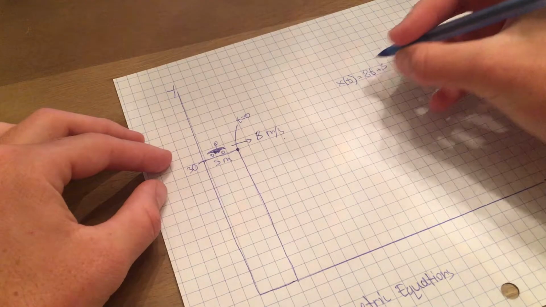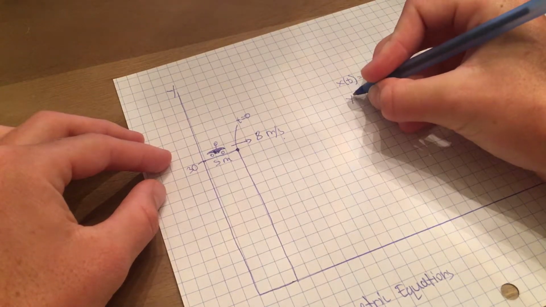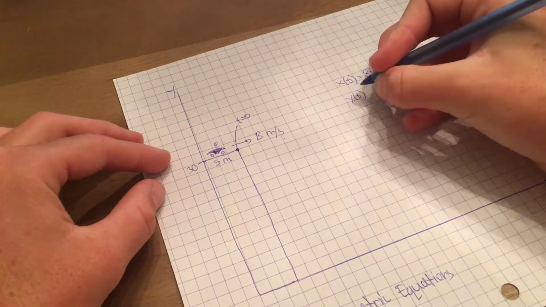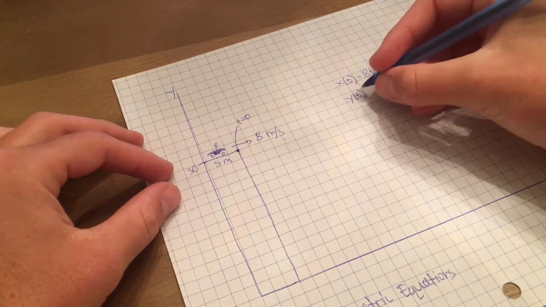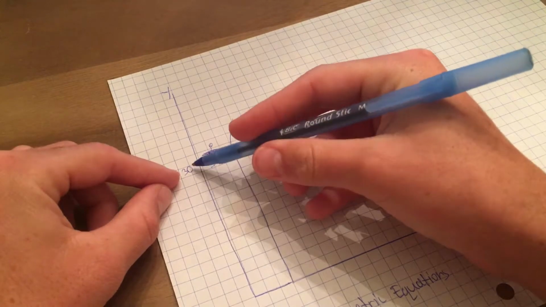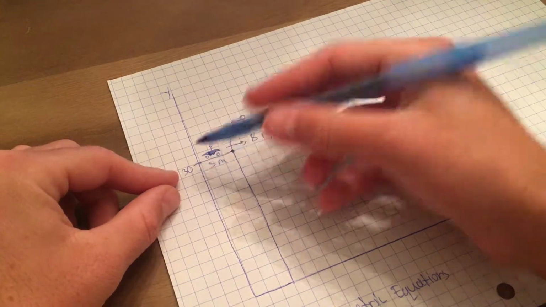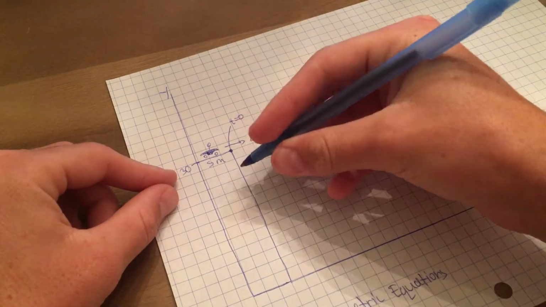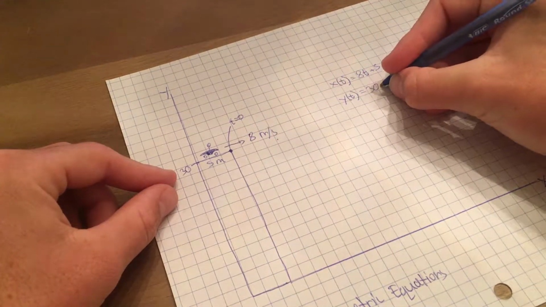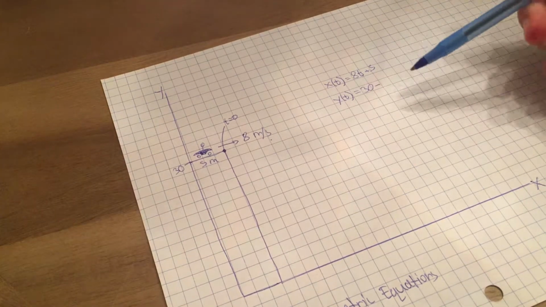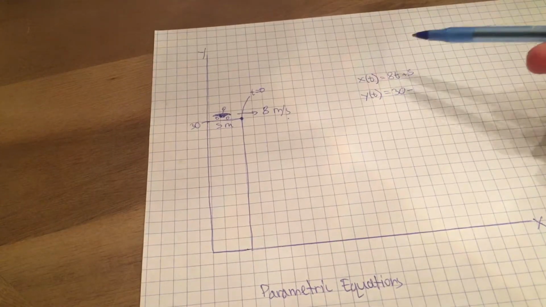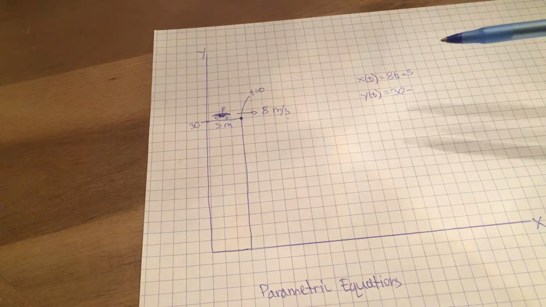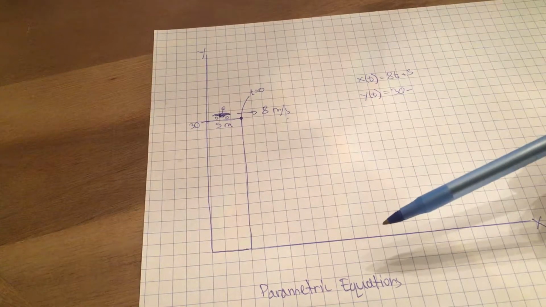So then next we can figure out our y as a function of time. So same, y as a function of time will equal, he will start at 30 off the ground. So we'll do 30 there, and we know he's going to be going down, so minus. And although this is pre-calc and this is not necessarily physics, some physics does come into play in this, how fast he will hit the ground.